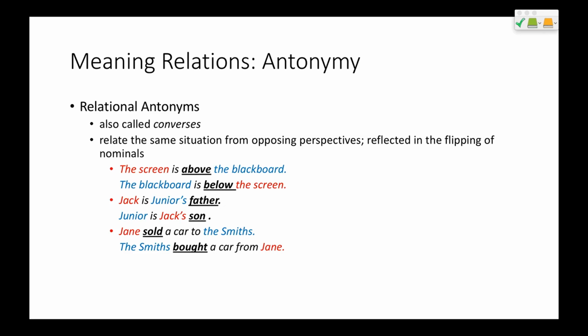So one is related to the other. Okay, Jack is Junior's father, therefore Junior has to be Jack's son. So father and son, they're related to each other. If you're a father, you necessarily have a son. If you're a son, you necessarily have a father. Okay? If you sold a car, someone necessarily bought it. You can't sell it without having a buyer.